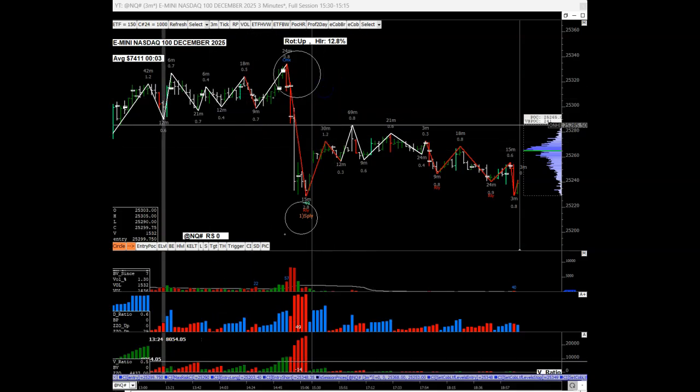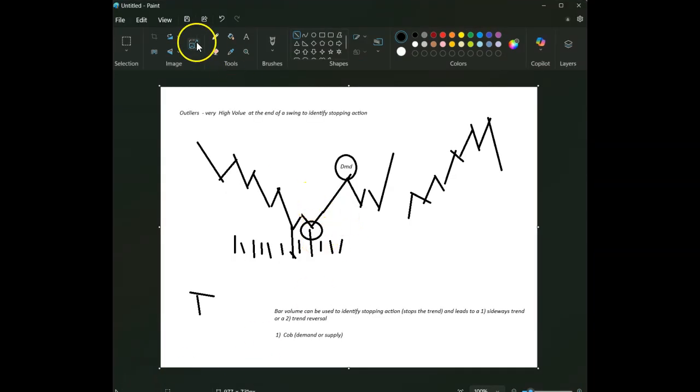Right? And yeah, majority of the time, though, you'll have a very nice intraday move, and you'll see this a lot. You'll see this a lot.